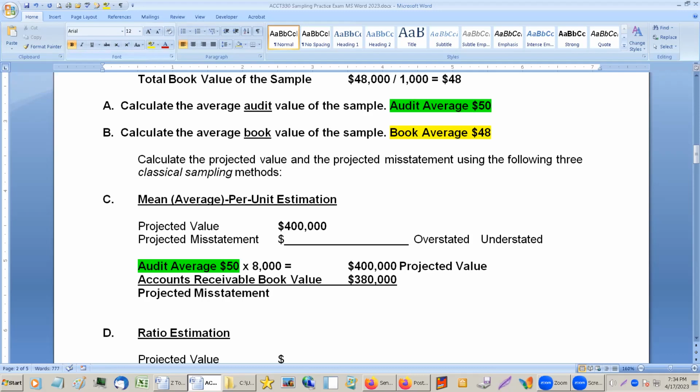The projected misstatement is 20,000. Understated by 20,000.